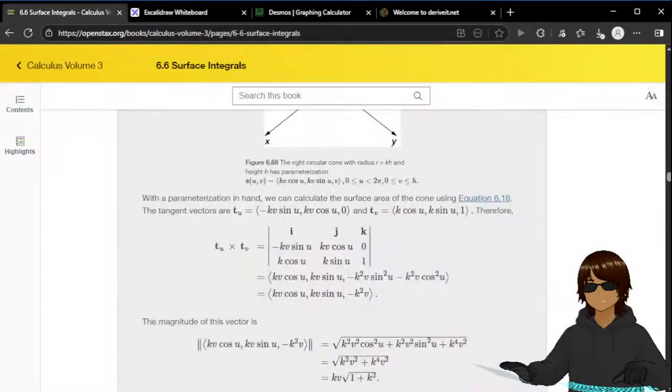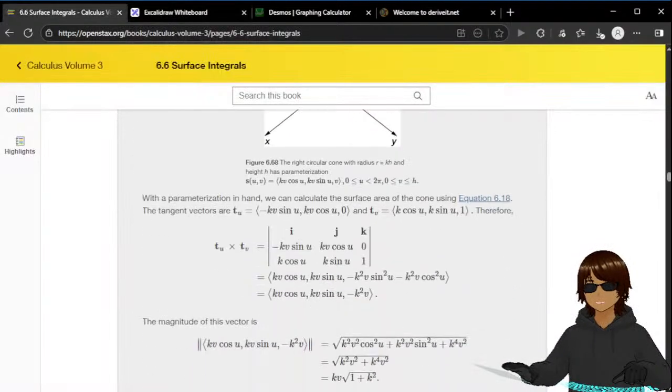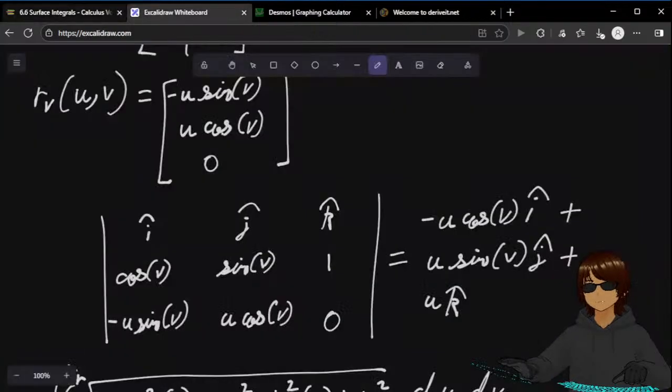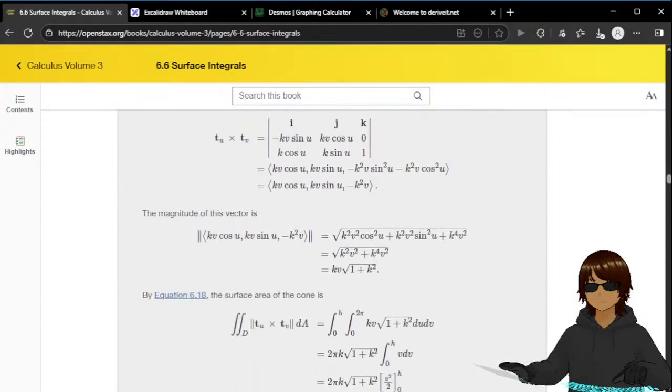Is the derivative correct? So if they defined it like this, is my derivative correct? This cos sine 1, cos sine 1, and a sine cos 0. Then they have kv root 1 plus k square. How?